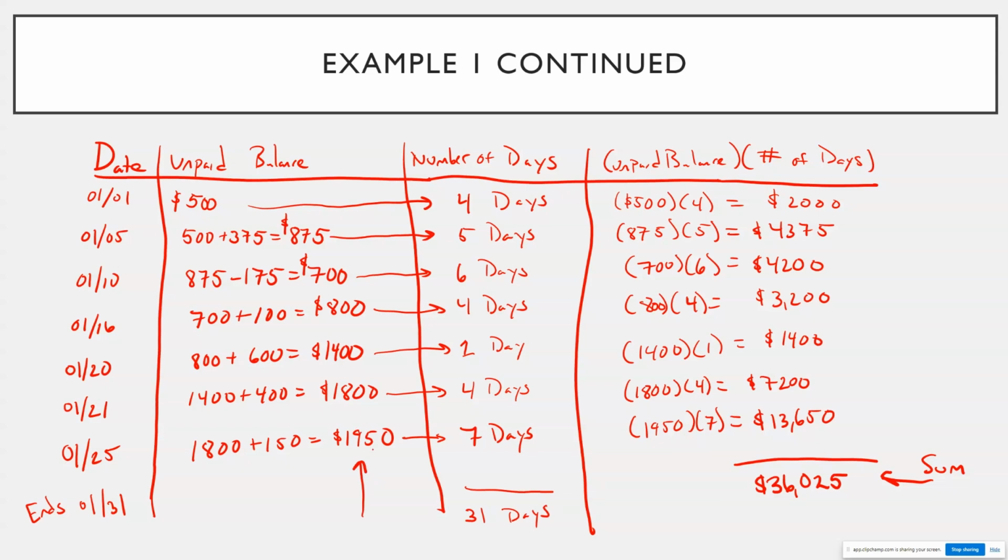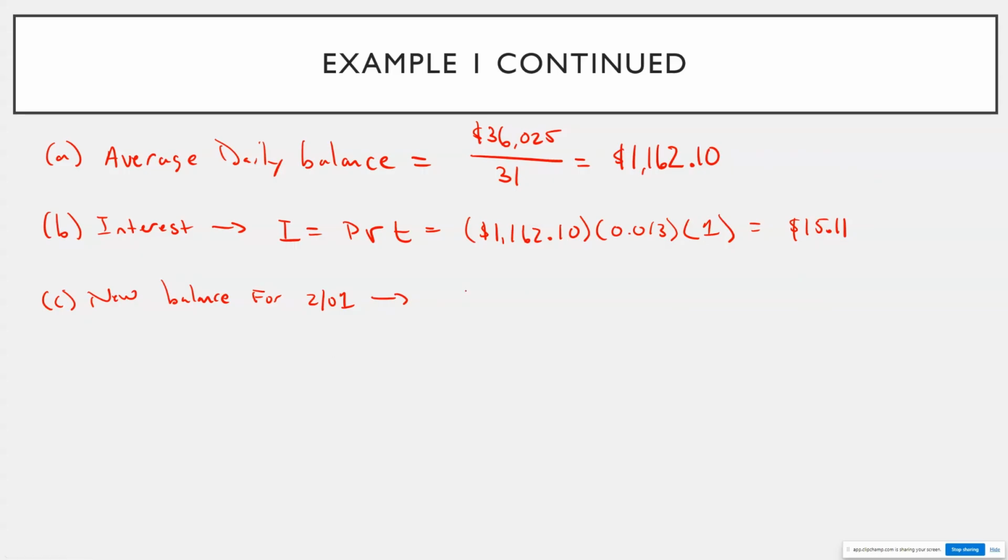If you look on the 25th, they have an unpaid balance of $1,950. That's what's due on their credit card. Then you add to it the interest charge, and how much they're actually going to have on their credit card to pay back on February 1st is $1,965.11.